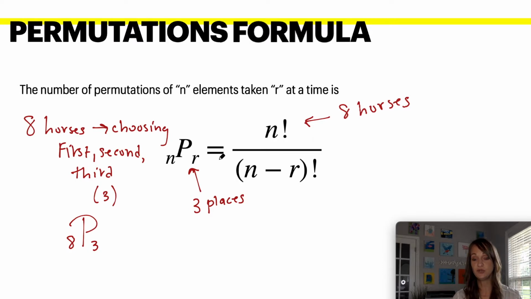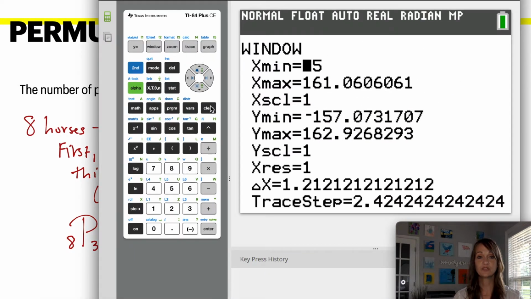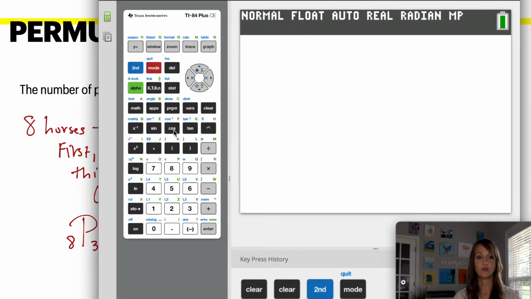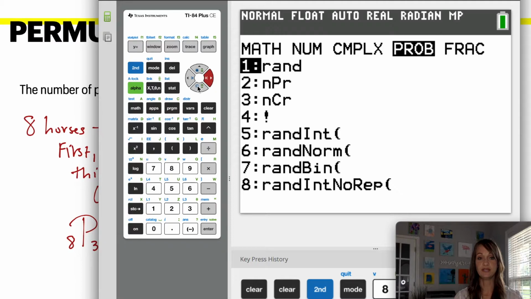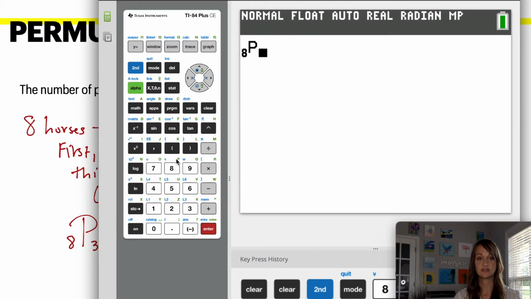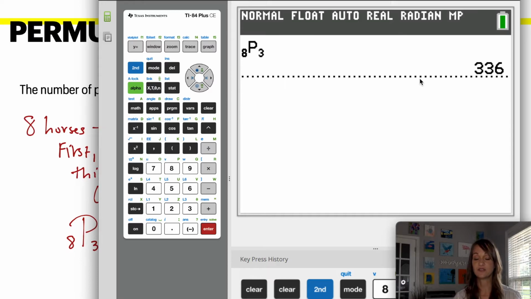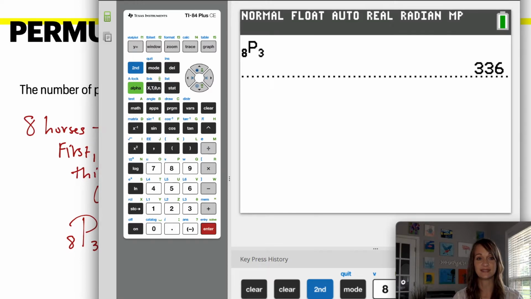Now, you could use the formula by hand, but thankfully, your calculator will do it for you. Here's how you do it. You plug in the number 8, click on Math, go over to Probability and down to nPr, hit Enter, and then enter the 3 places that you're choosing. Hit Enter, and it gives you the answer, which is 336.